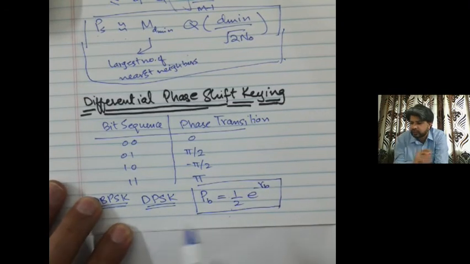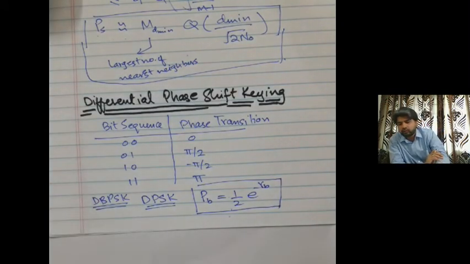The error probability equation for a differential phase shift keying is 1/2 e to the power minus gamma b. It's a really simple error probability equation.